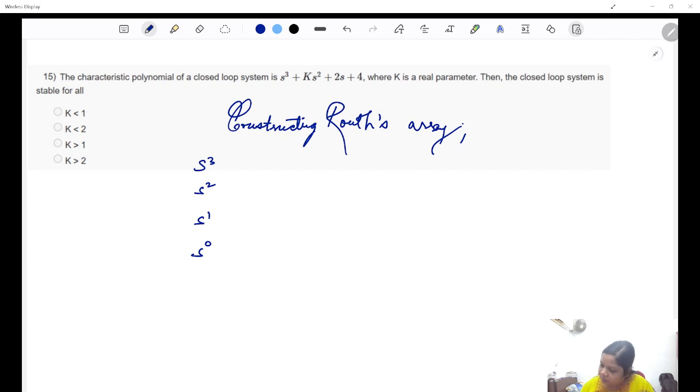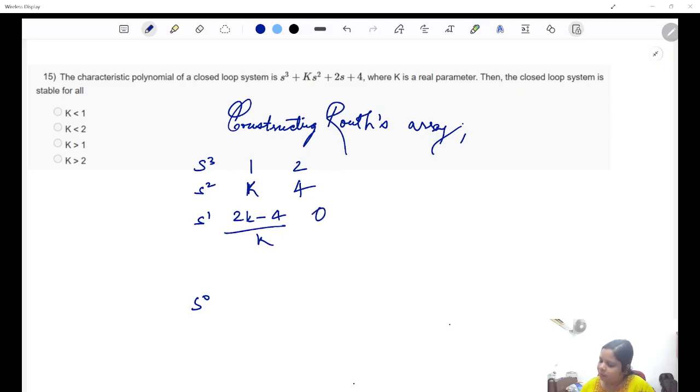s to the power 3, 2, 1, 0: 1, k, 2, 4. So for s to the power 1 it would be (2k minus 4) upon k. This would be 0.